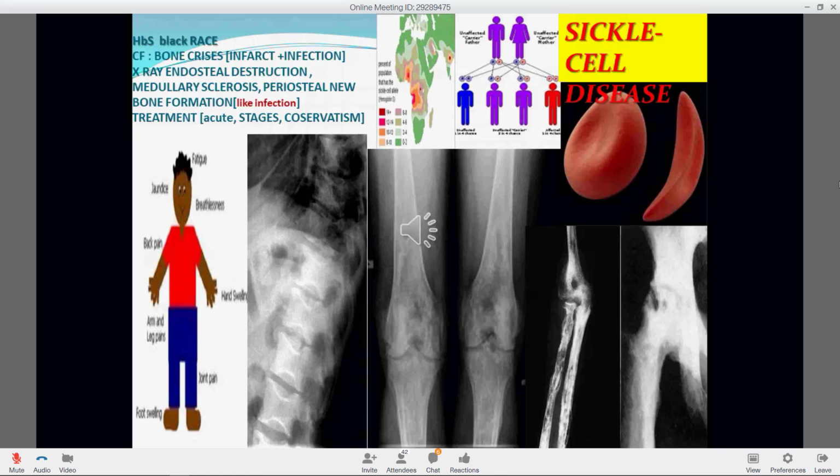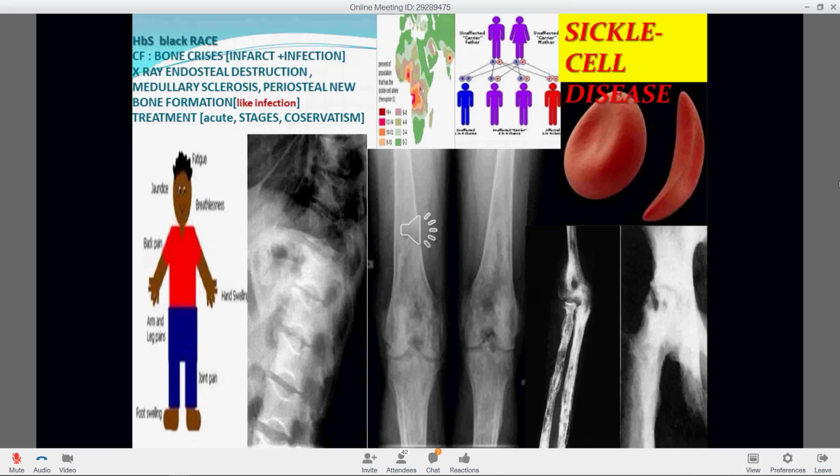X-ray of the trabecular bone, including the phalanges, shows irregular endosteal destruction and medullary sclerosis together with periosteal new bone formation. This is just like osteomyelitis. And don't forget that infection and infarction might occur together.